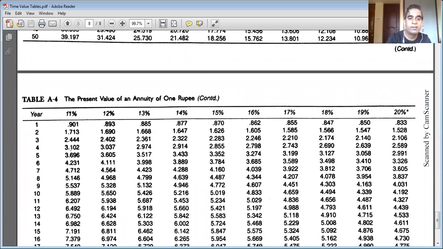There are values here also, 16 and 17, right? 15% and 17%. The values closest to the payback period 3.214 in the 5th year row in table A4 are 3.274 and 3.199. So students answered very well.